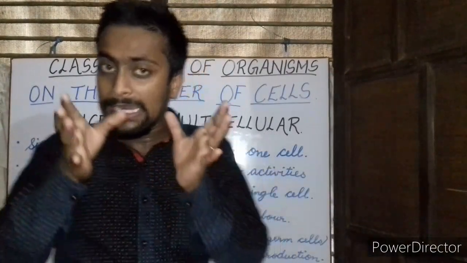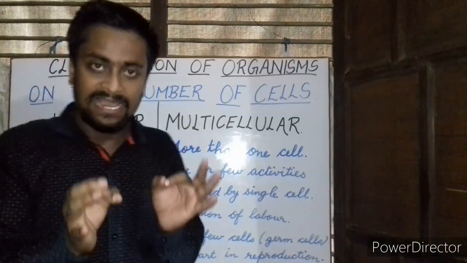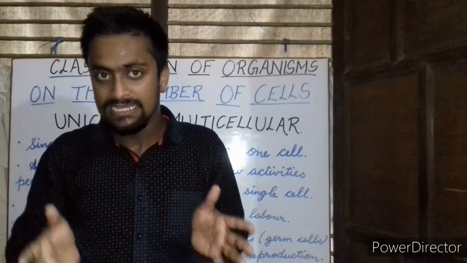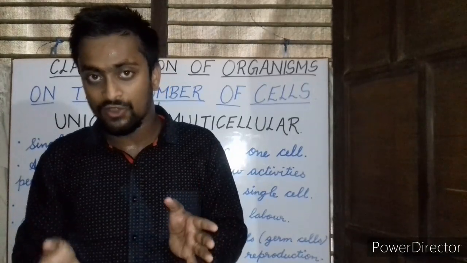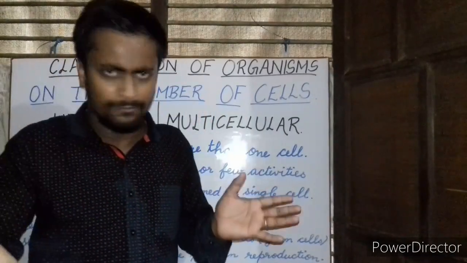While in multicellular organisms, a single cell is assigned one or a few specific functions. For example, neurons are assigned the purpose of carrying messages to the brain and bringing back messages from the brain.